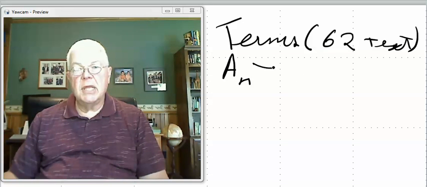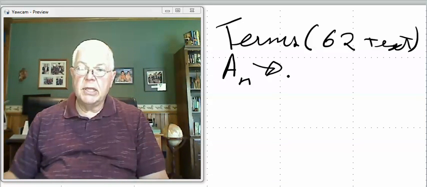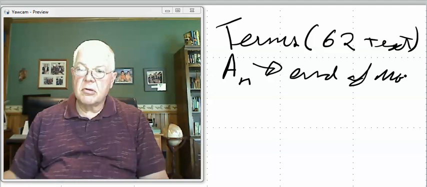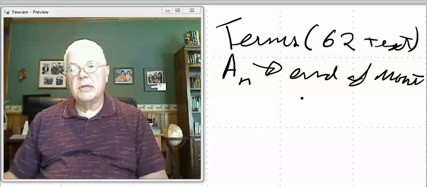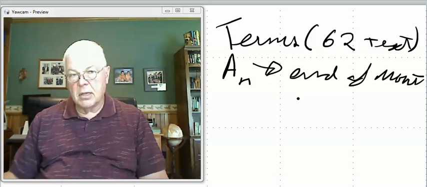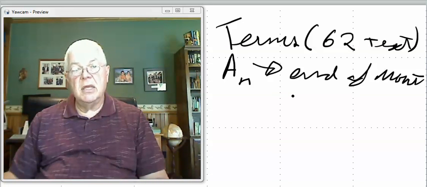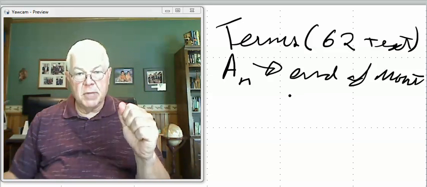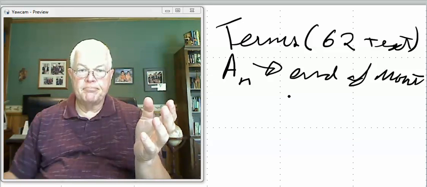Now, on payments or income, there is what's called an end of month convention. The assumption is that anything I pay or anything I get happens at the end of the month unless I'm told otherwise.